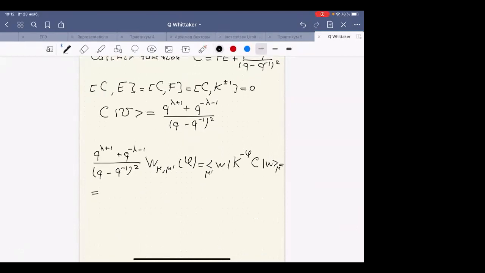Okay, so everything will be just as in the SL2 case, just with some differences in commutation relations. So I write explicitly the Casimir element, f e plus q k q minus 1 k minus 1.